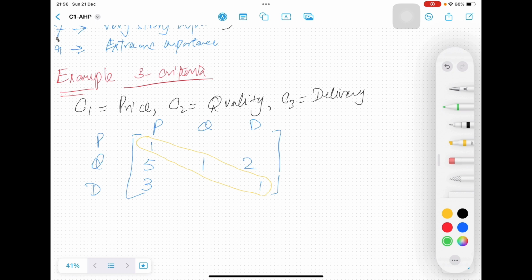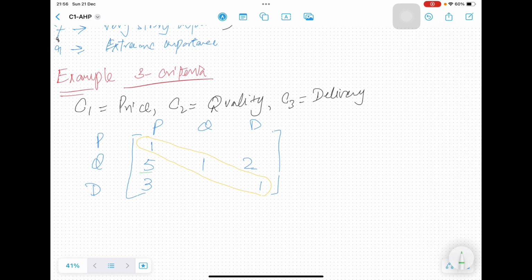If Q compared to P is 5, then P compared to Q is 1/5, because that is the reciprocal. This is called the reciprocal property of AHP.